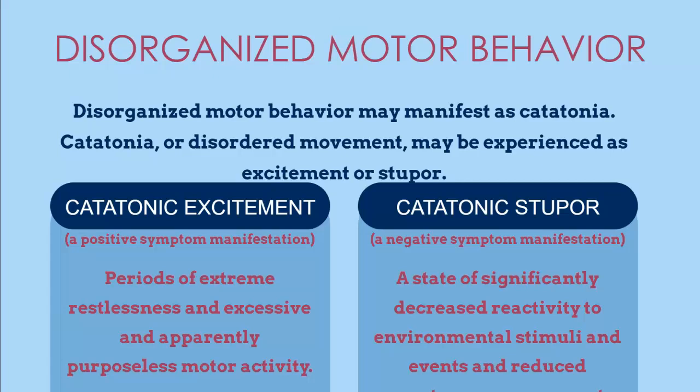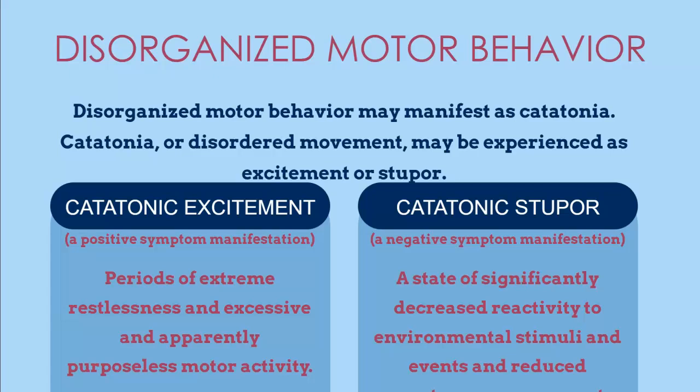Schizophrenia sometimes also includes disorganized motor behavior, and that's also, again, because dopamine plays a role in motor control. Sometimes they have catatonic excitement, where they're really like in a vegetative state for a while, but then they're also very restless. And then sometimes they're in a catatonic stupor, and that's where they're extremely like, don't do anything.